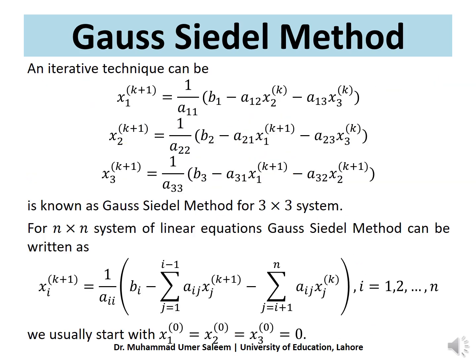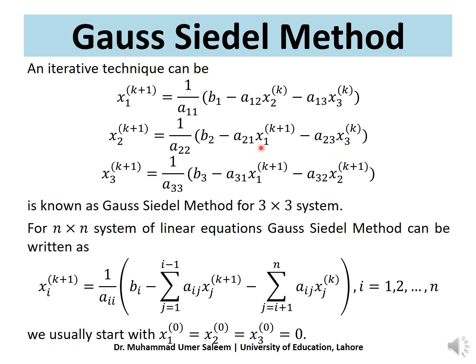So for an iterative technique, for the value of x1 at the (k+1)th iteration, since for x1 we need x2 and x3, we'll be using the previous iteration or the initial guess to find the next iteration for x1. But if you look at the second equation, to calculate x2 you need x1 and x3.